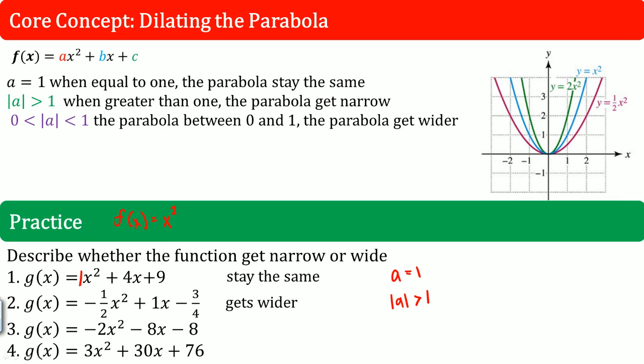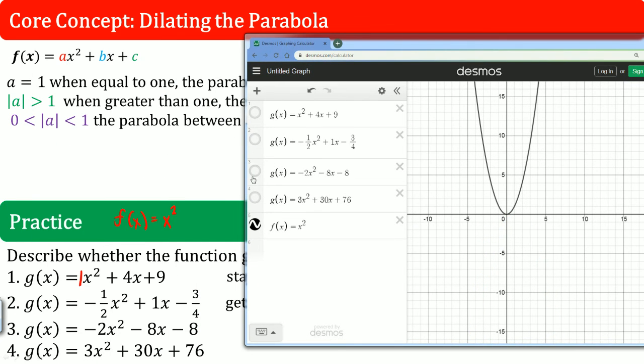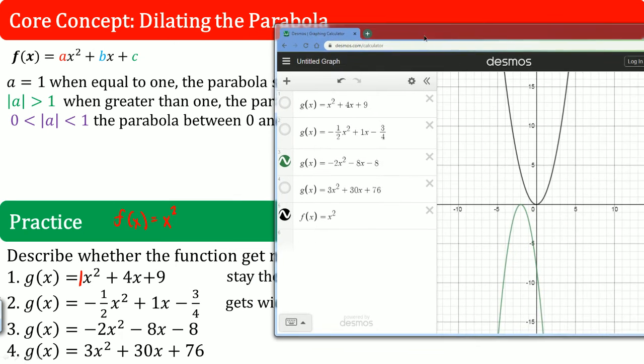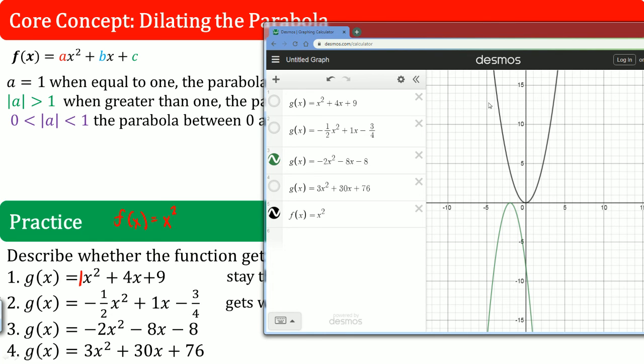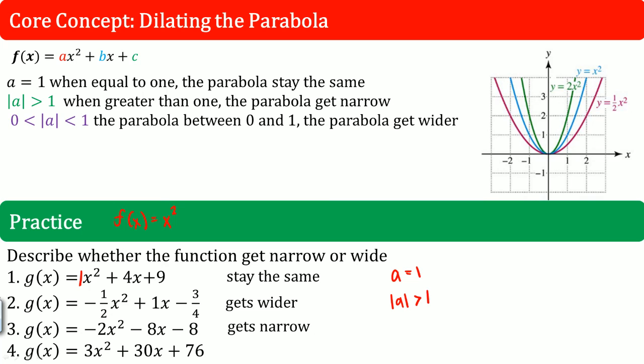Next, what about the third one? When it's negative 2x squared. So when we compare it, notice the green here is slightly skinnier, right? It got narrower than the original black one. So we would say it got narrow.